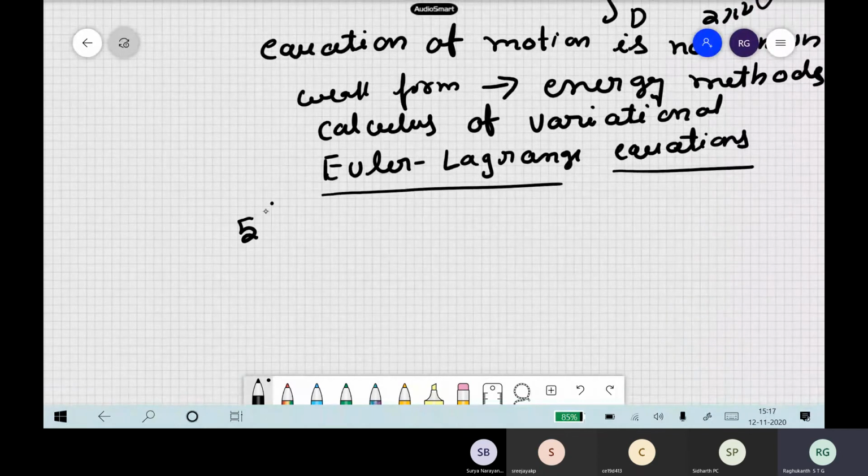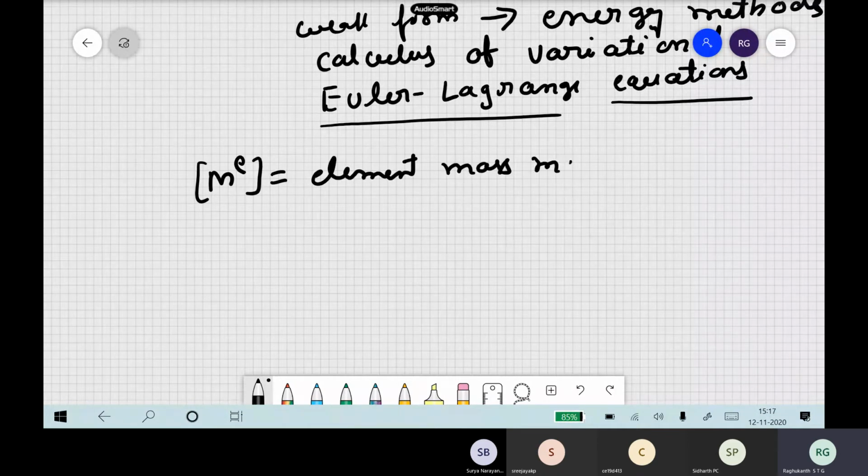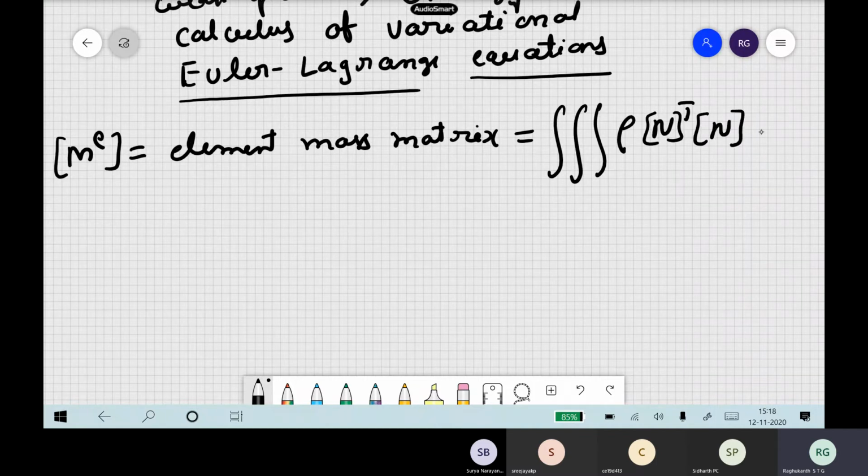Now once you know these equations of motion, you can find the mass matrix and stiffness matrix. The element mass matrix we have already derived last class. In our continuum mechanics, for the wave equation we derived it, so the same thing we are using here. So rho into N transpose multiplied by N into dV.